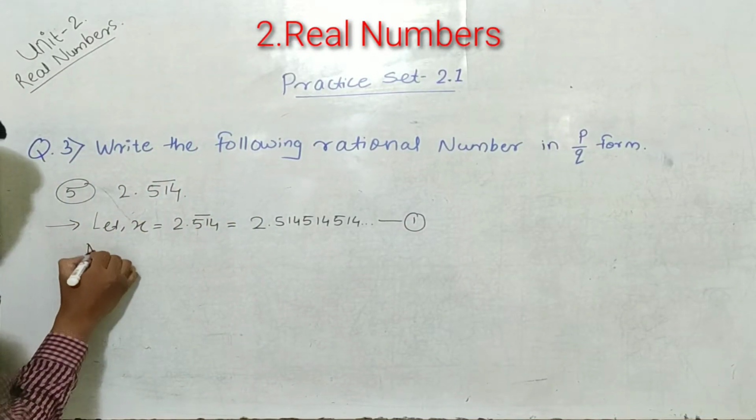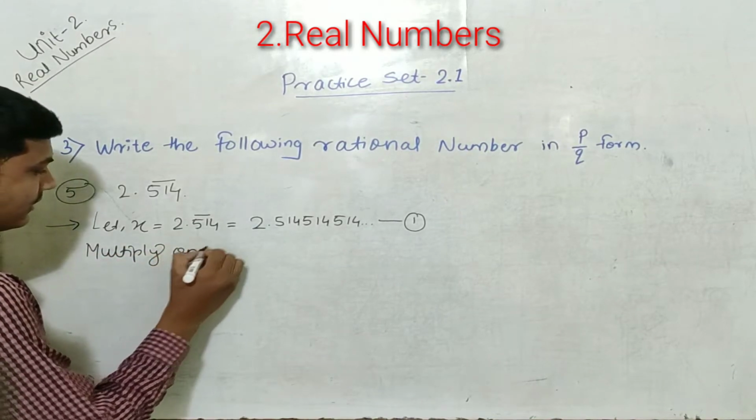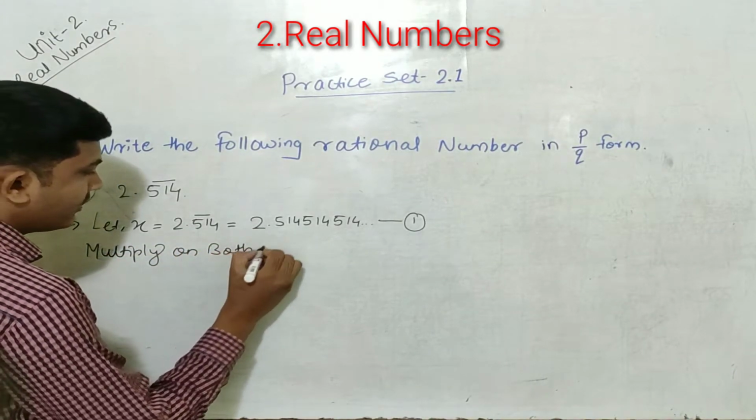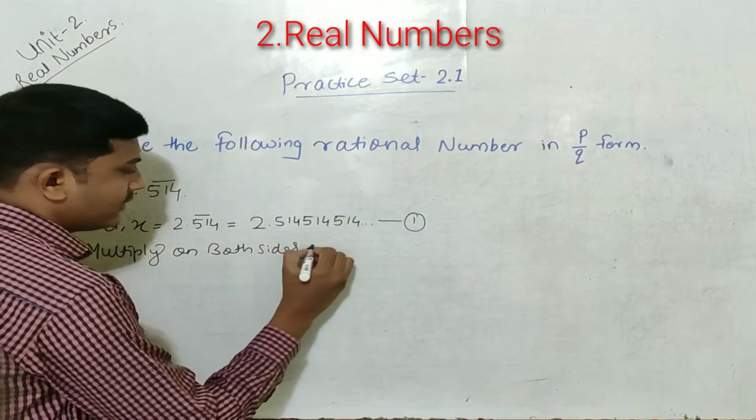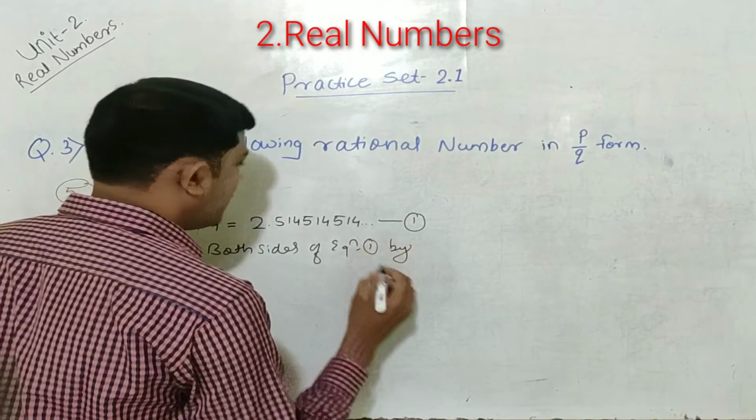Now multiply both sides of equation 1 by 1000.